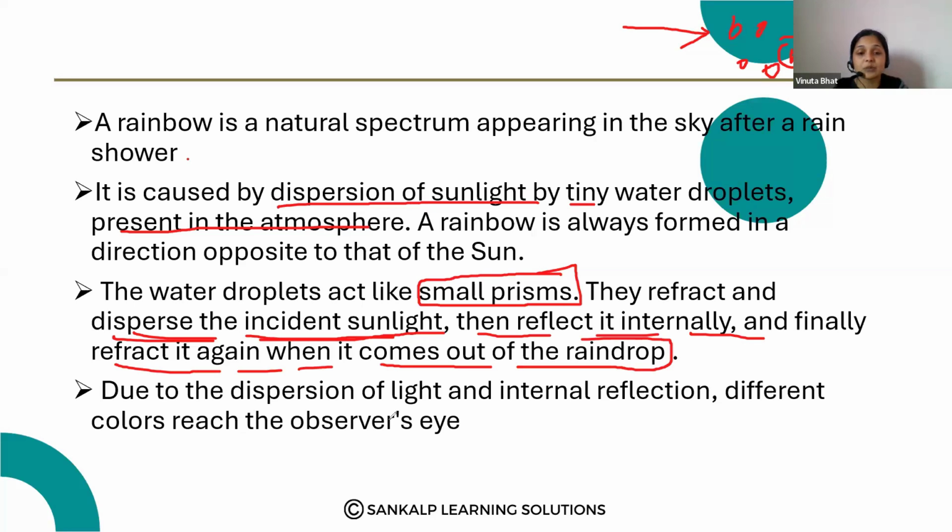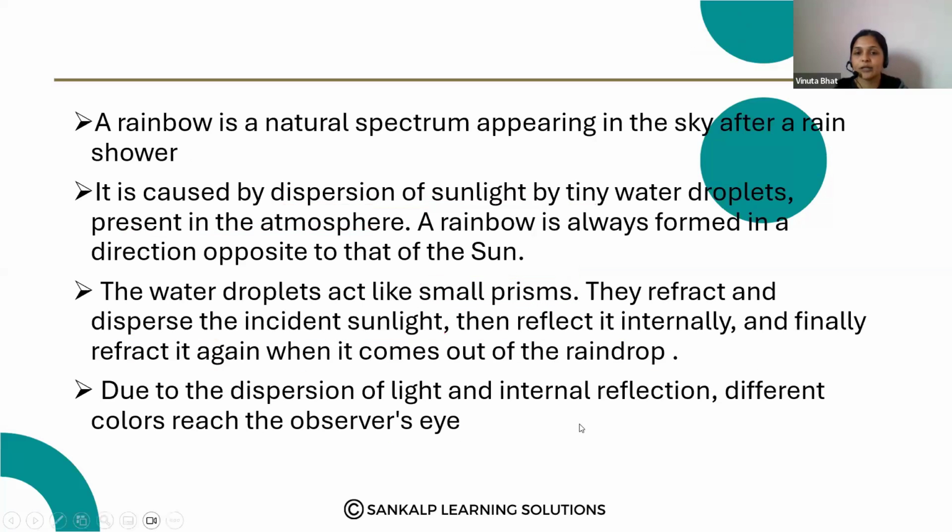Due to the dispersion of the light and internal reflection, different colors reach the observer's eye. That is nothing but the rainbow. So this is how rainbows are formed. It is one of the very important and very interesting phenomena given in this chapter. Please note down this answer.